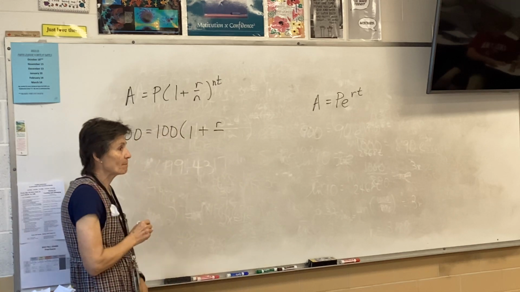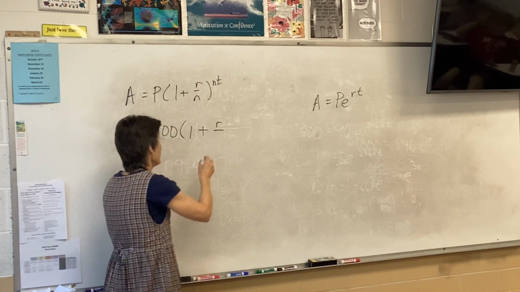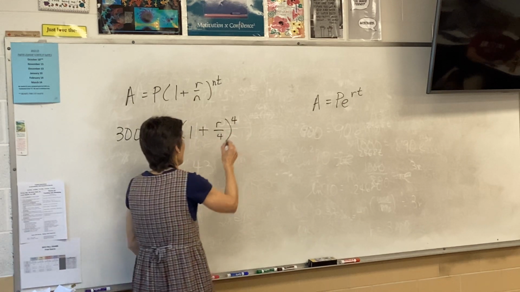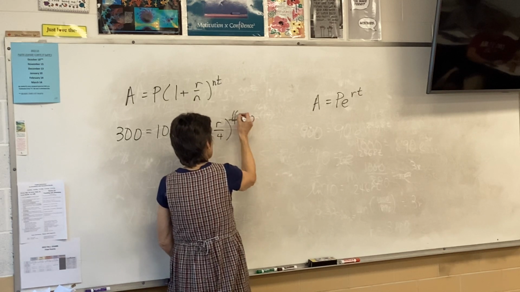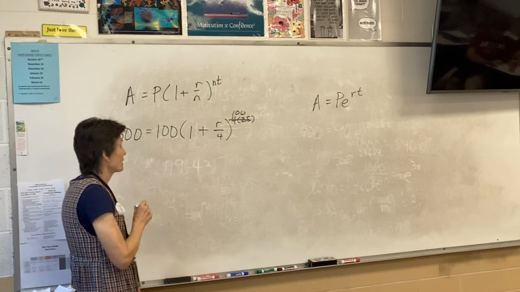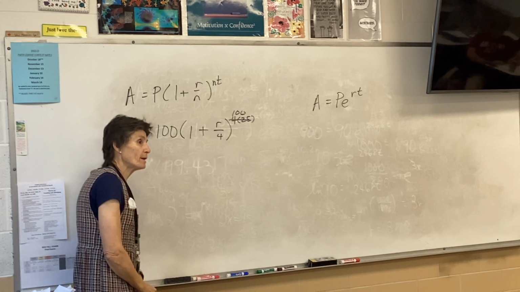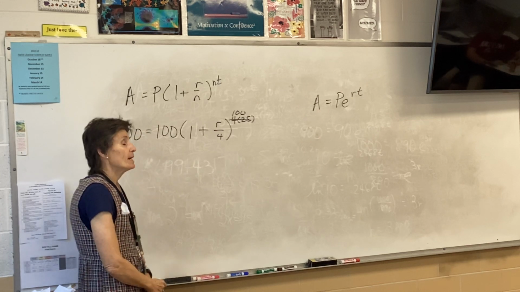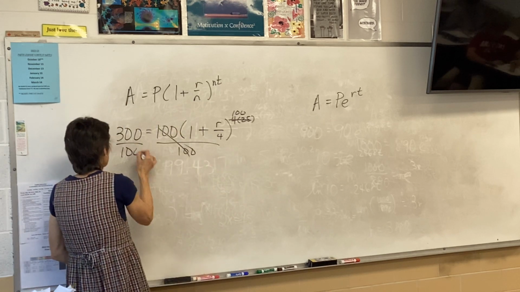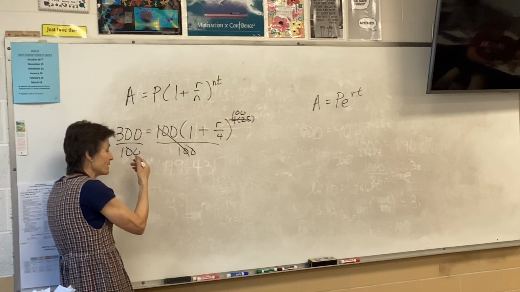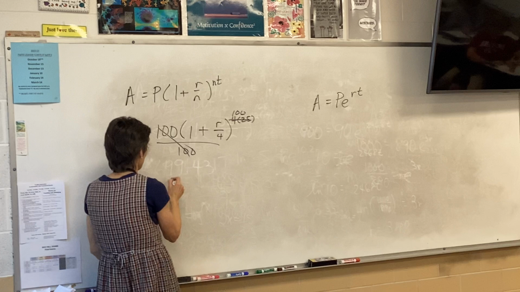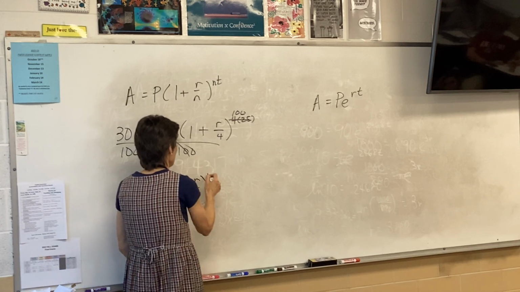How many times am I compounding? 4, quarterly. For how many years? 25. So my exponent is actually 100. What do I do first? Divide by 100. And does it make sense to you, kids, when you do that? Then it doesn't matter what you started with, because this just ends up being 3, right, when you divide? So 3 equals 1 plus r over 4 to the 100th.